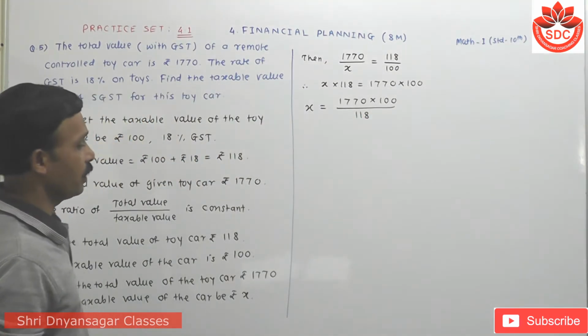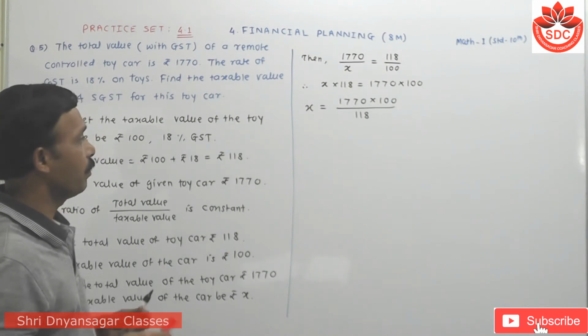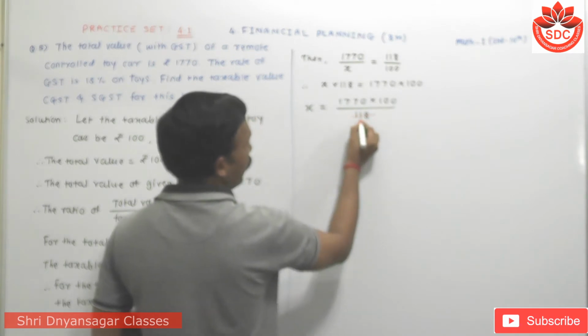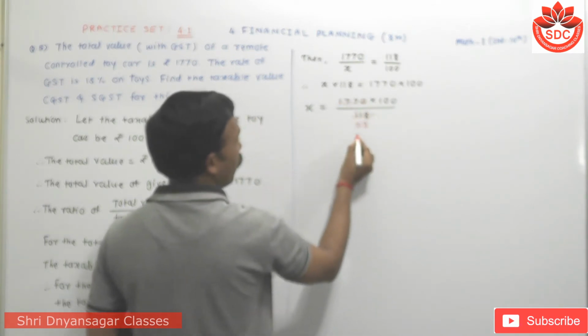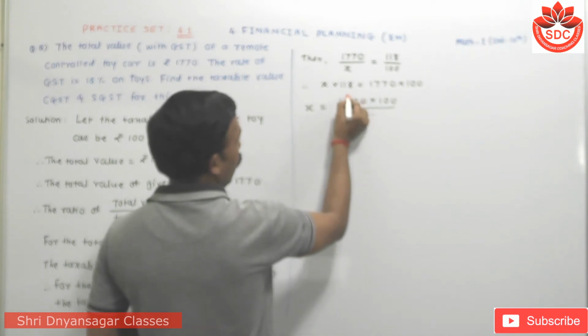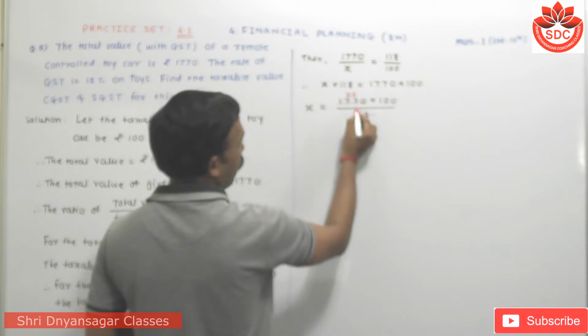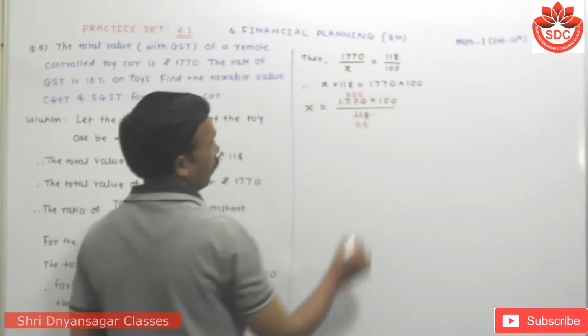Now we have to simplify it. First, simplifying by 2, we get 885 into 100 upon 59.